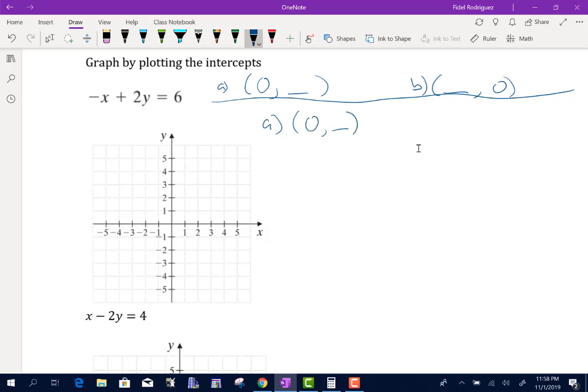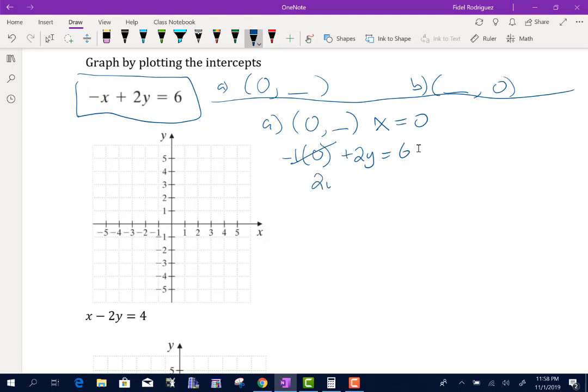So let's do it just like we did the other ones, okay? 0, blank. Remember what that means. That means that the x number is 0, okay? So I'm going to come back to this equation that I have right here, where the x used to be, notice what's in front of the x right now. There's a negative. So I can think about that as a number -1 times my x number, which is 0, plus 2y equals 6. Well, -1 times 0 is 0.